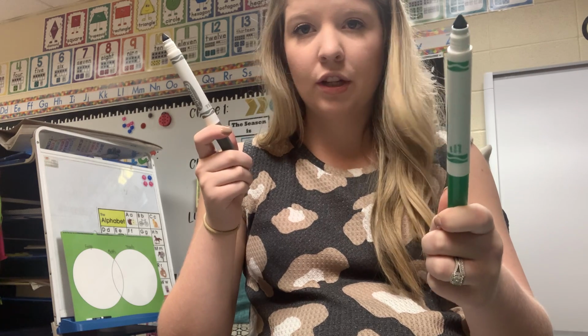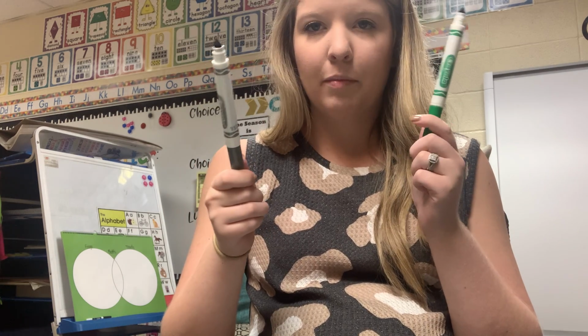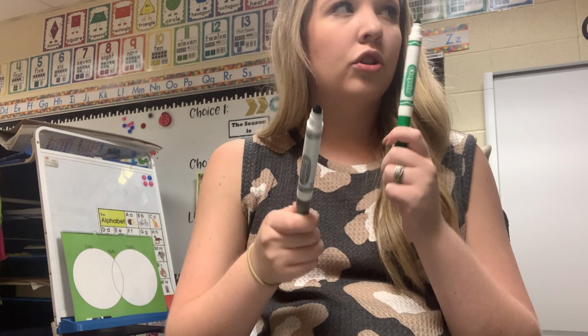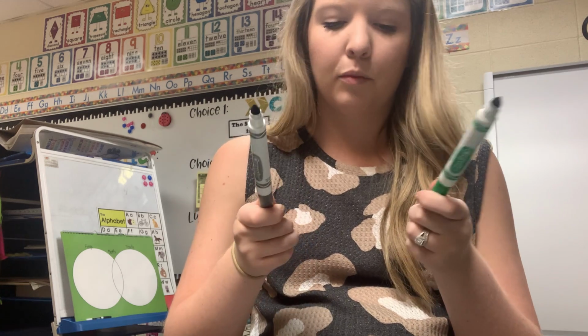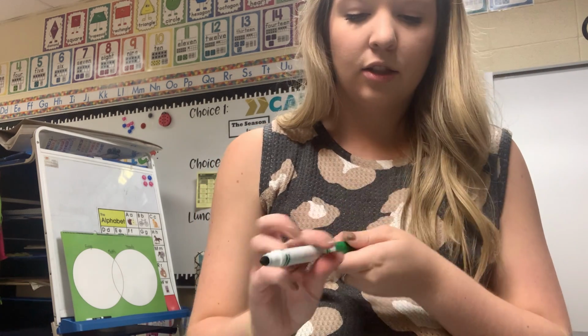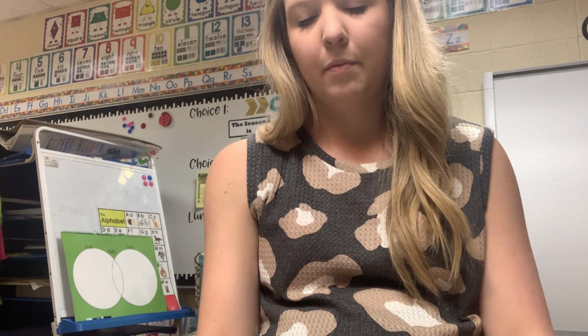I can't have 2 green circles beside each other, and I can't have 2 gray circles beside each other because we rotate. In a pattern, that means that we switch or we rotate them, right? All right. So after gray, I'm going to do green, gray, green, and my last one's going to be gray.